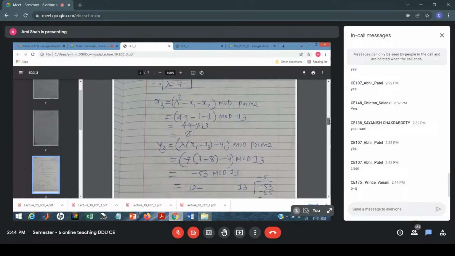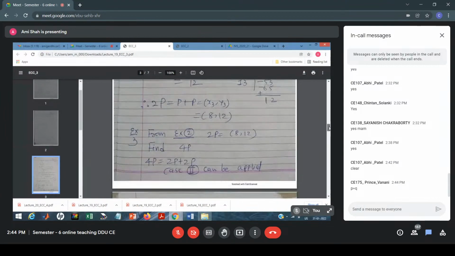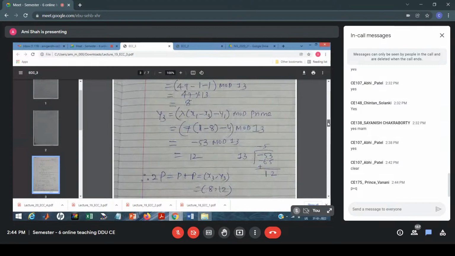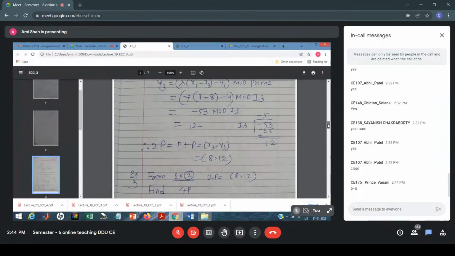I want to calculate 4P, and for 2P I am getting the value (8, 12), right? Now calculate the 4P, everyone, and tell me the answer.